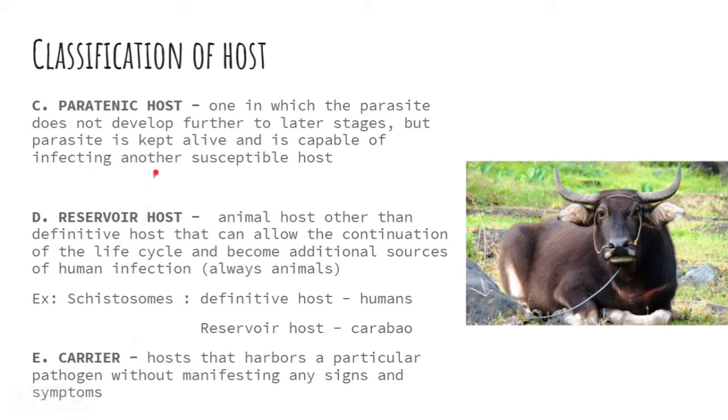So, again, paratenic. Meron kang parasite but hindi nagde-develop yung stages. Reservoir, meron kang parasite at nagde-develop ang life stages here. A good example of a reservoir host is your carabao, which is the reservoir host of your schistosomes. And yung carrier, pag ikaw ay isang carrier, wala kang signs and symptoms but meron ka pa ring parasite.